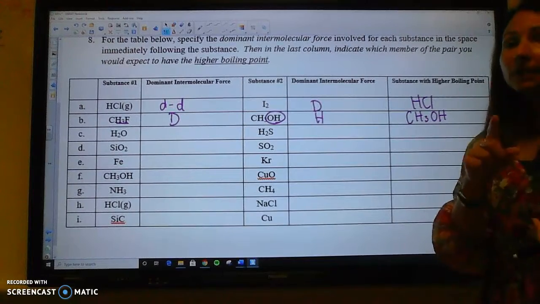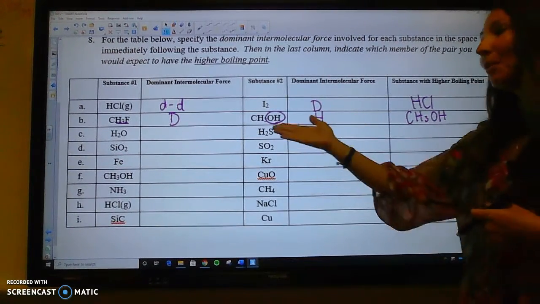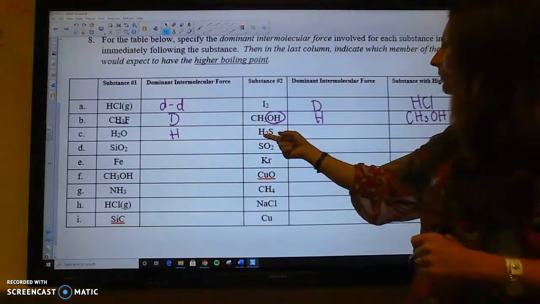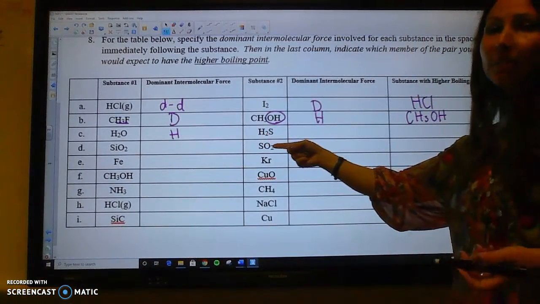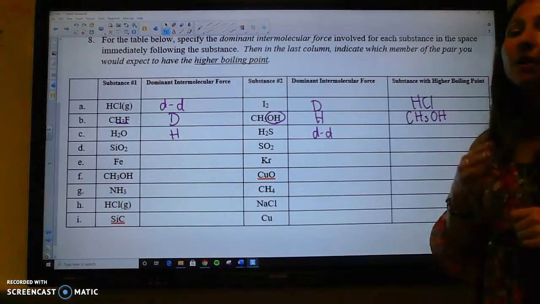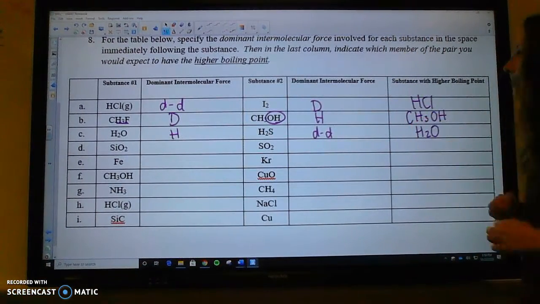Letter C. This one should be a dead giveaway. You have water and anything else. Well, water hydrogen bonds, okay? But this does not. This is just dipole-dipole because you don't have hydrogen bound to N, O, or F. So the higher boiling point is water.